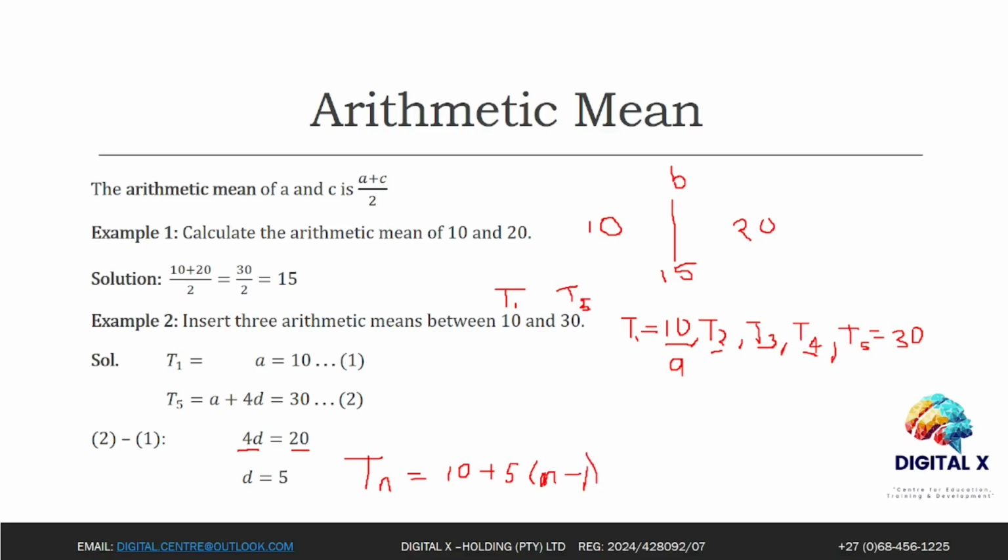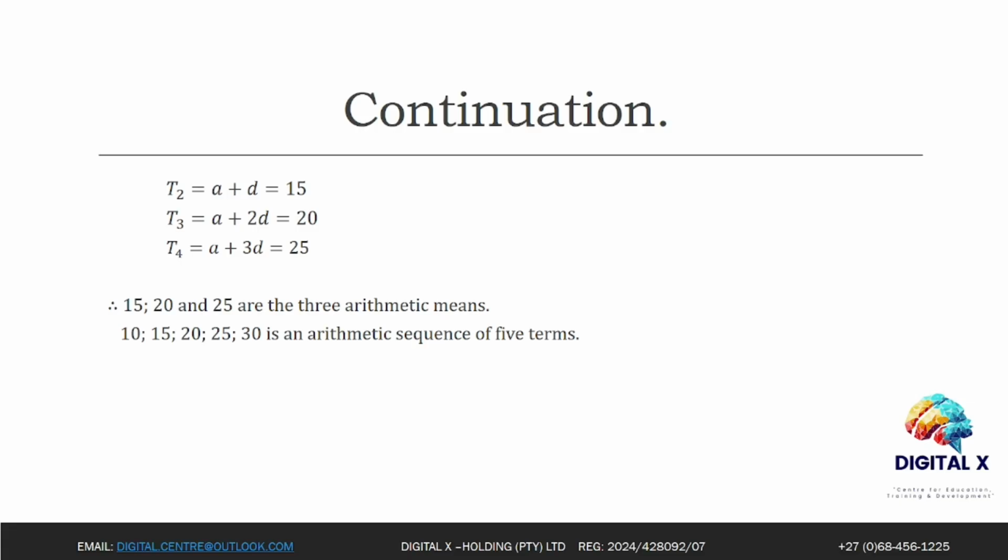We're requested to find the second term of our sequence. When you substitute it back into your equation, we know that the first term is that, and then this will be the difference, so we get 15. And the same applies to that, it should give you 20.